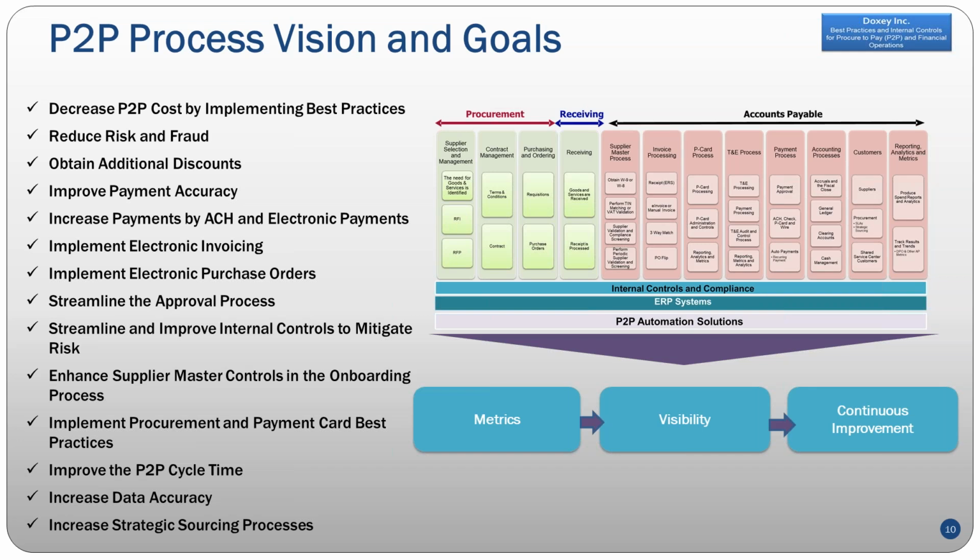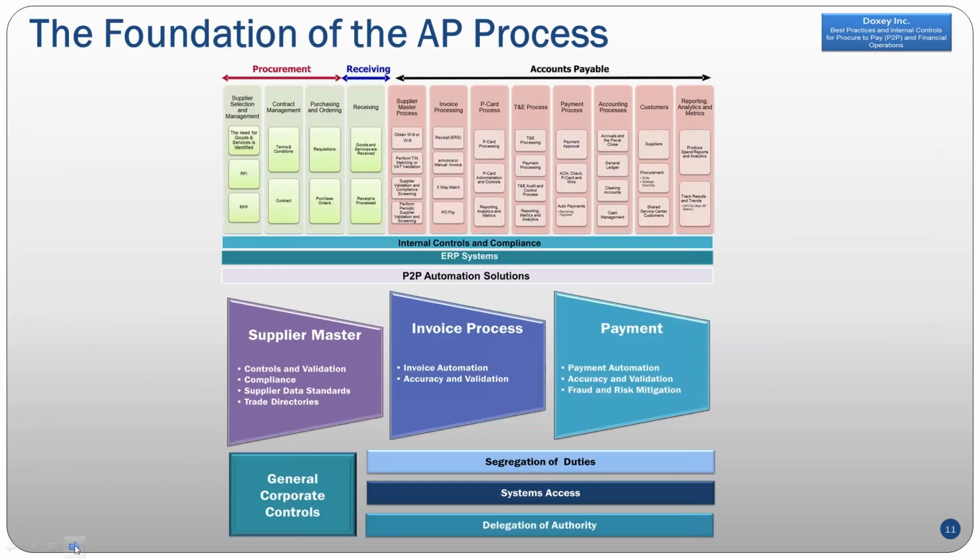So some of the drivers of these visions and goals are good metrics, and of course the visibility that you would get by metrics, and of course looking at continuous improvement pretty much across the board in the areas of metrics, payments, and of course internal controls. And here's the information I was looking at.